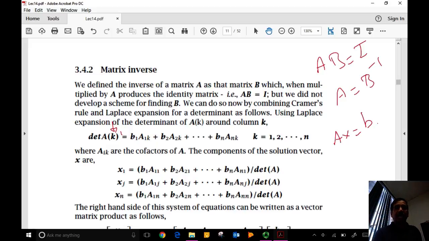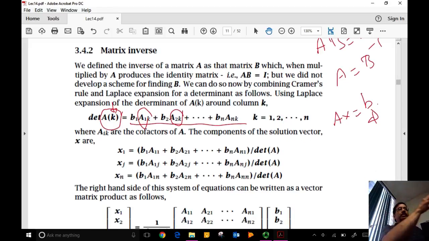I call this A of K, and that simply is the original matrix A, but with the column K being replaced by B. And then I do the expansion of the determinant around that column. So this is the Laplace expansion. So B1 times the submatrix A1K, B2 times the submatrix A2K, etc. Right?